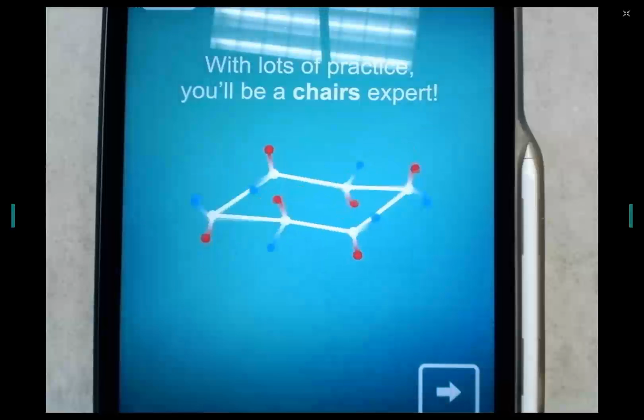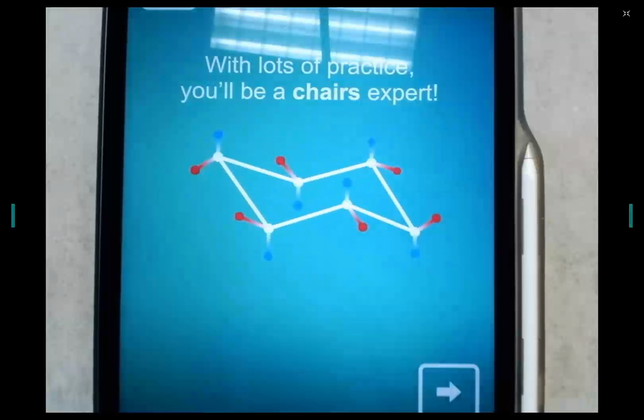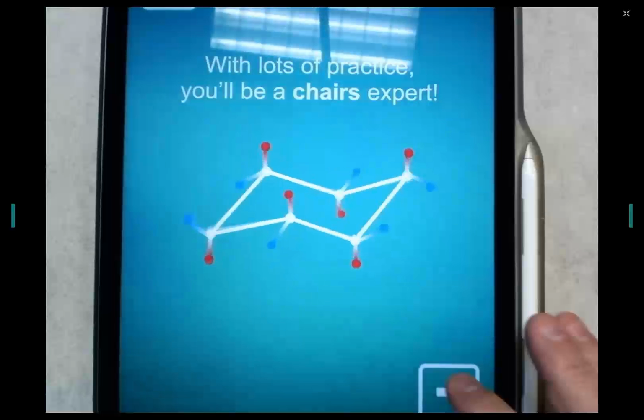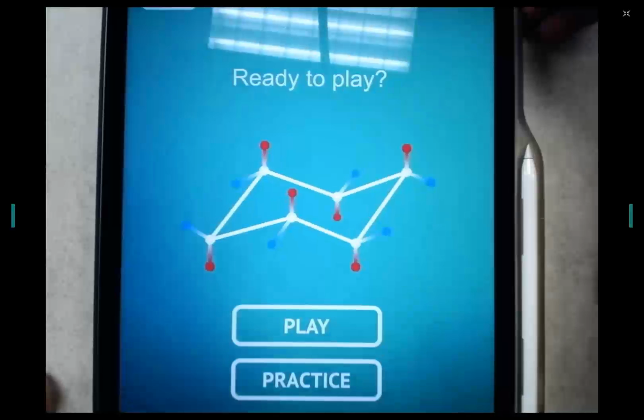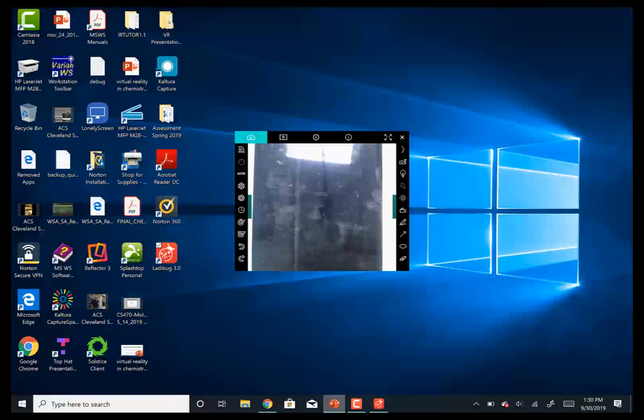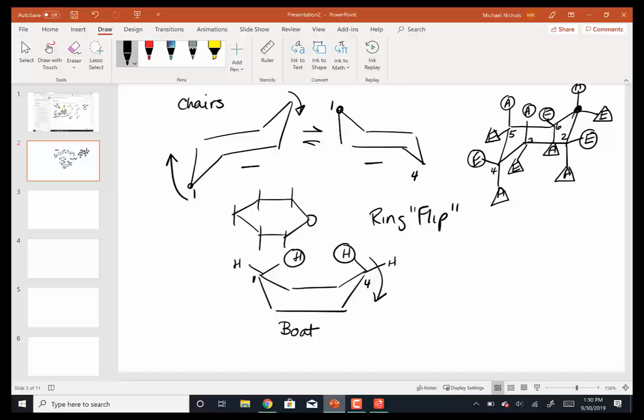If you were to watch through this, you could see that happening here. We are not playing, we are not practicing, but that is essentially what a ring flip is. Okay, so that is an app, at least on the phone, called Chairs.